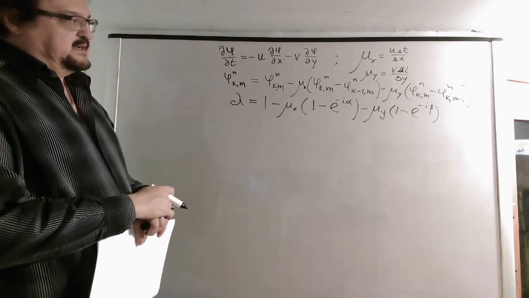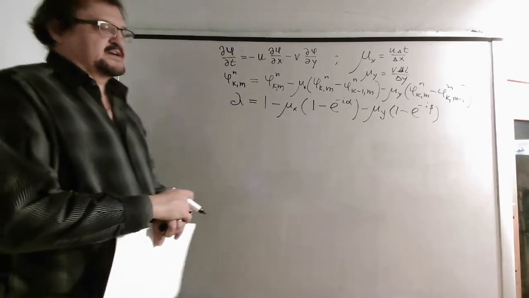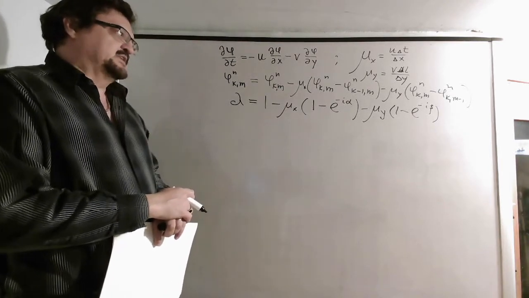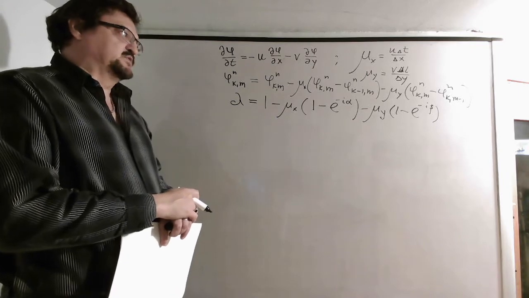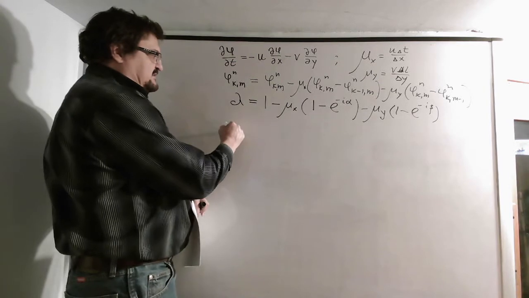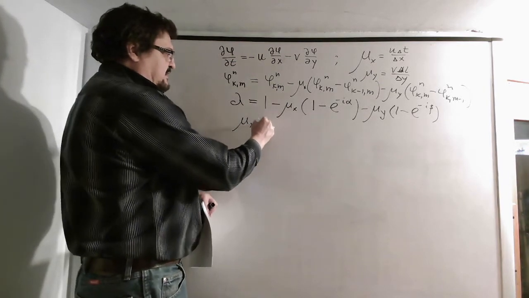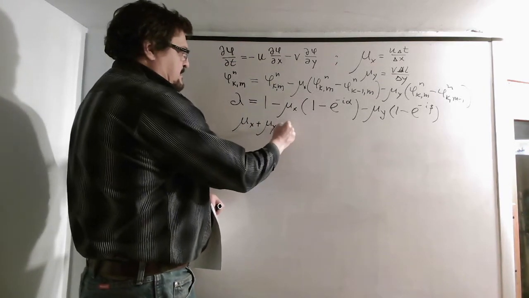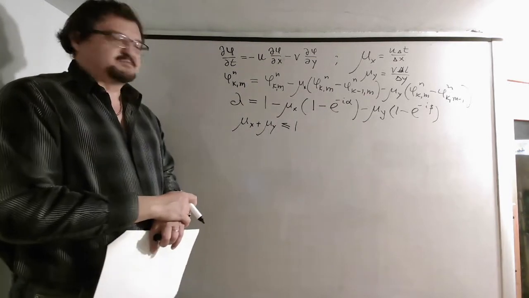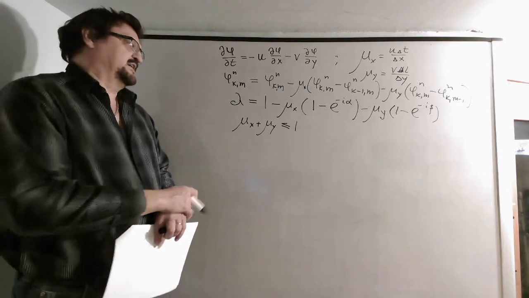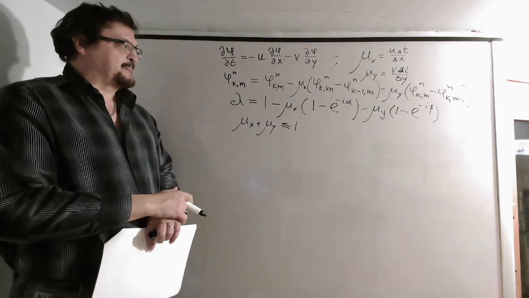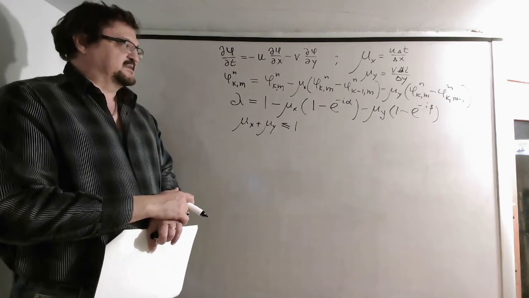If we do the same kind of graphical analysis of this in the complex plane, we will conclude that the stability criterion is basically the same, except that the sum of the mu's should be smaller than 1. Before we had only one mu smaller than 1. So you see that in this case it's a different stability criterion.